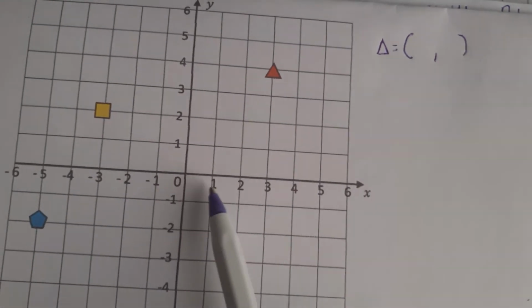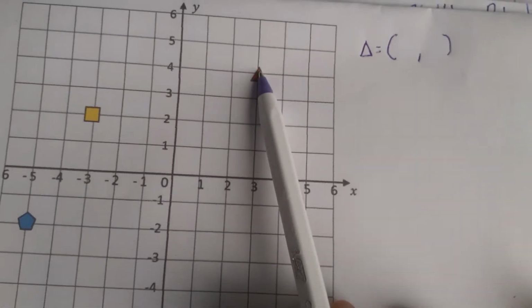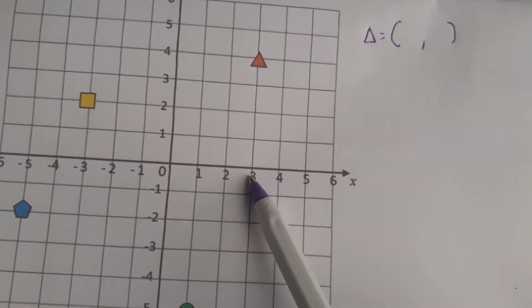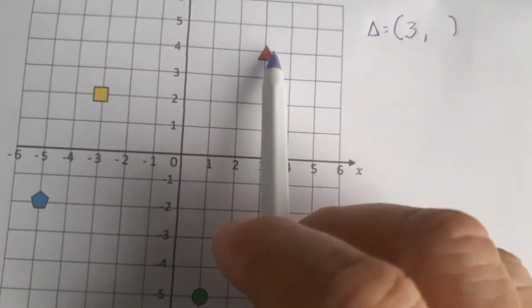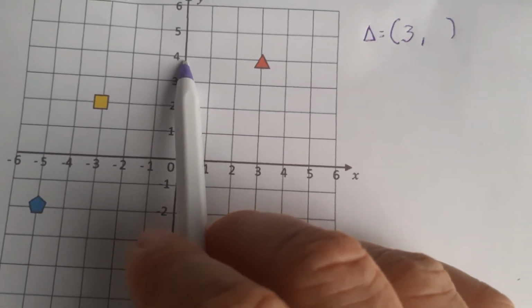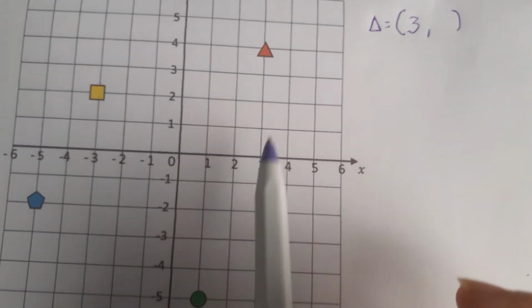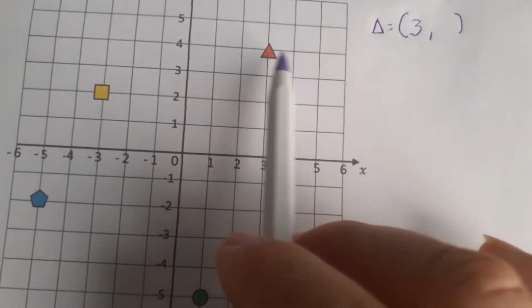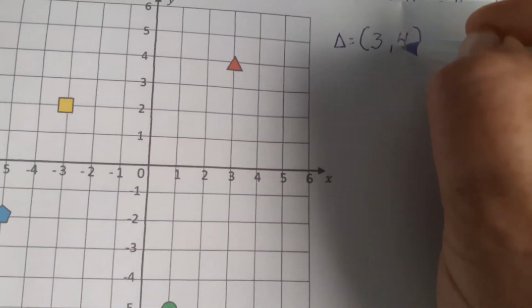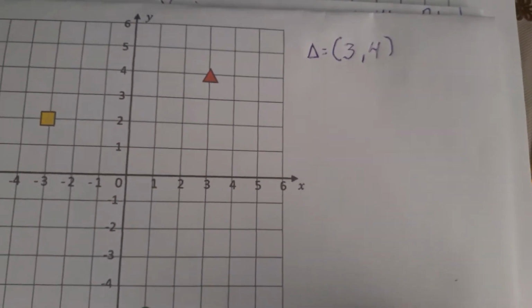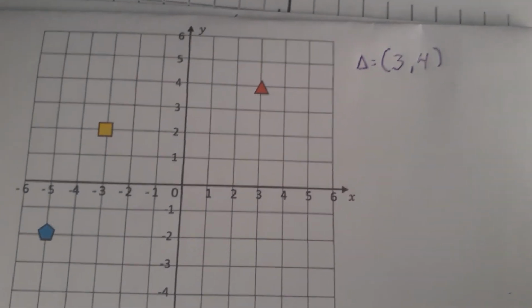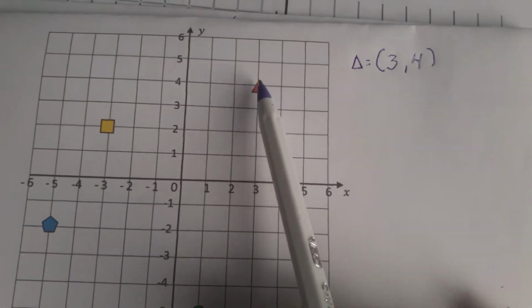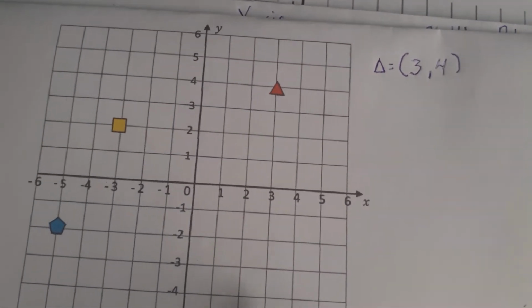So we look for, all right, here, it's right here. So we go down to the x, that will be a 3. Then we go to the y, which is 4. All right, 3 and 4. So that will be 3 on the x and 4. So that's the first pair of coordinates where the triangle is found.